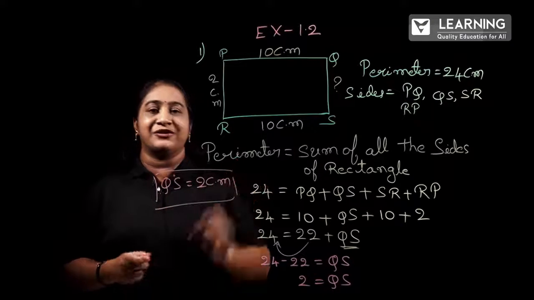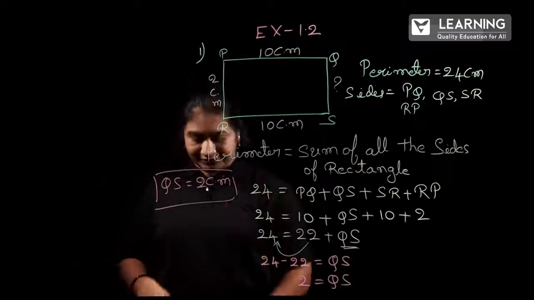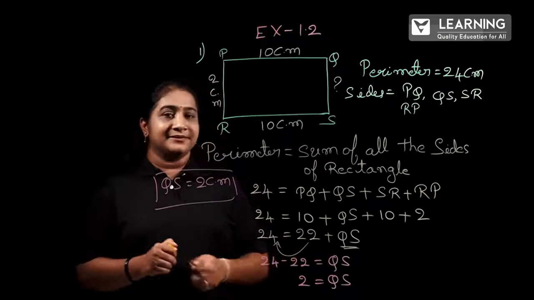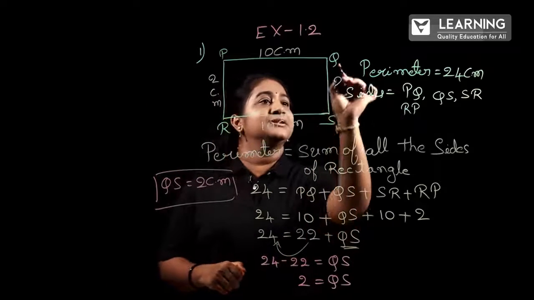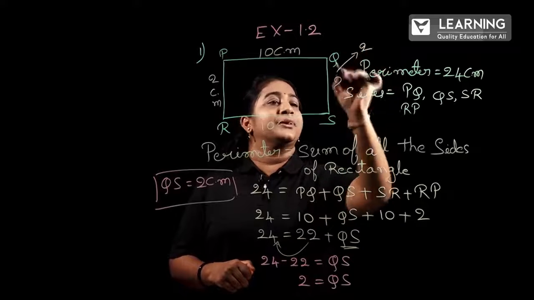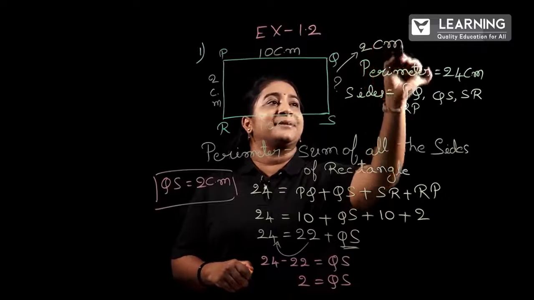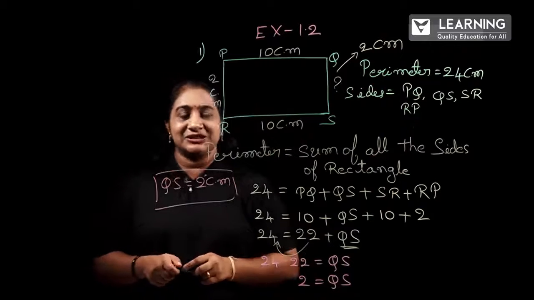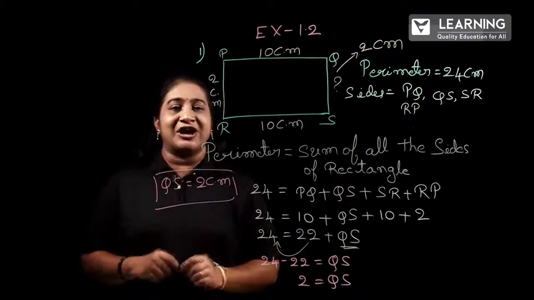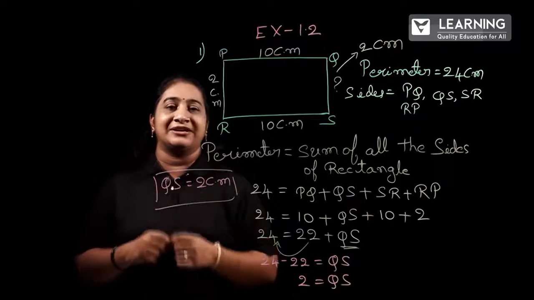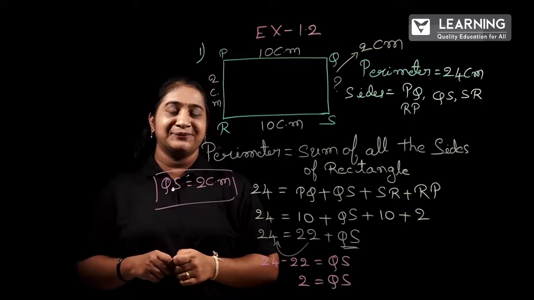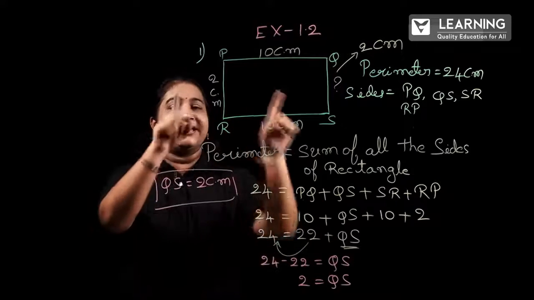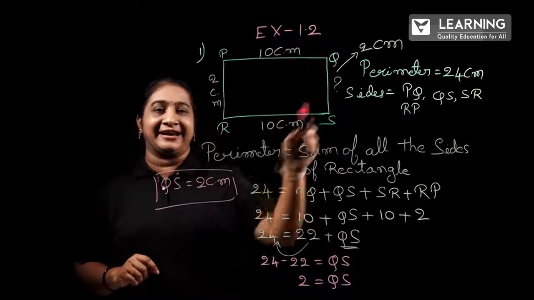The value of QS is 2 centimeter. Without solving the problem, we can find the value of QS. How? See, the given figure is a rectangle.